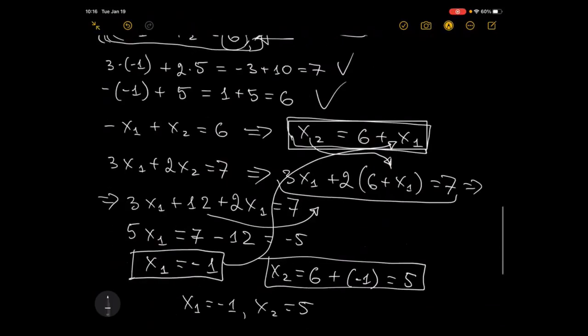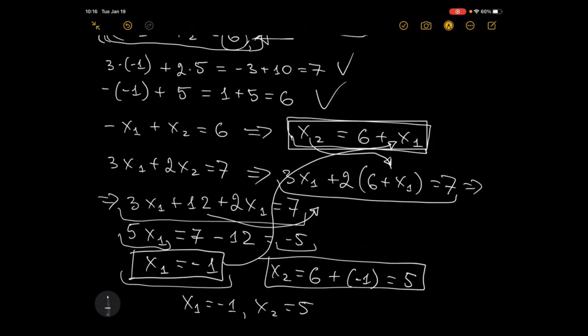And after that, we got just one unknown, right? So we brought together common terms here and got a simple equation 5x1 equals to -5, right? So after that, you can easily say that x1 has to be equal to -1.